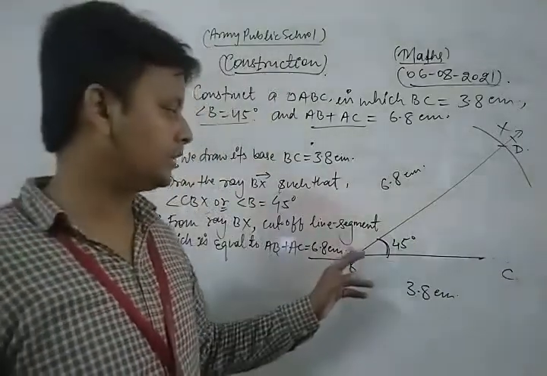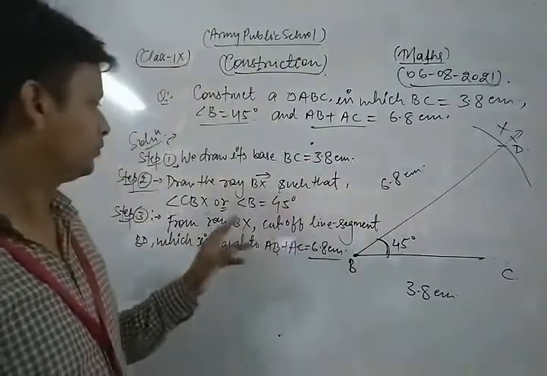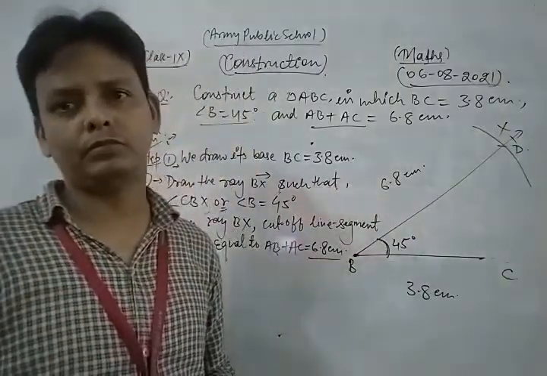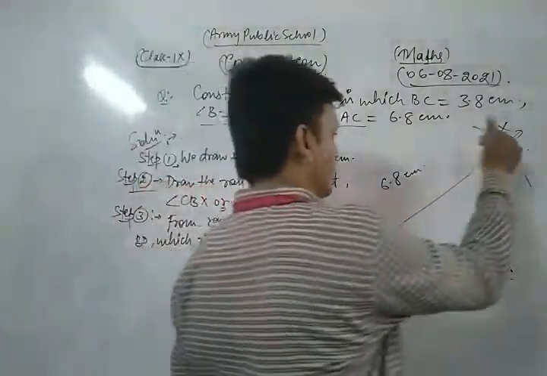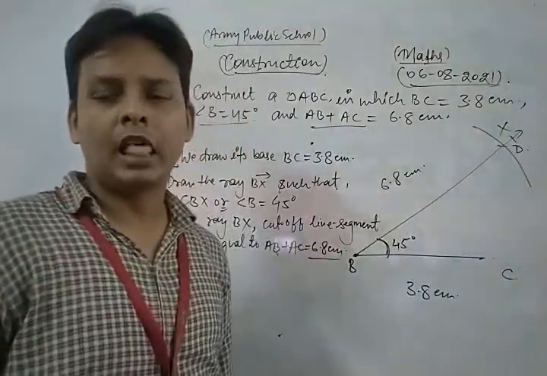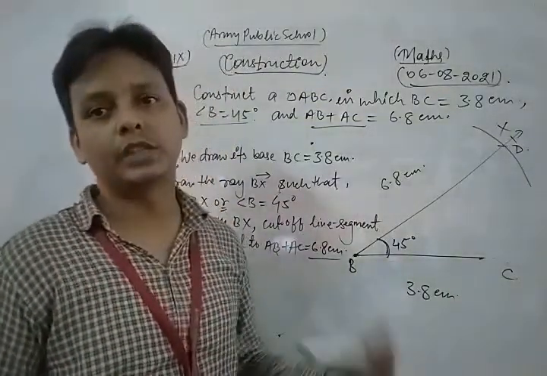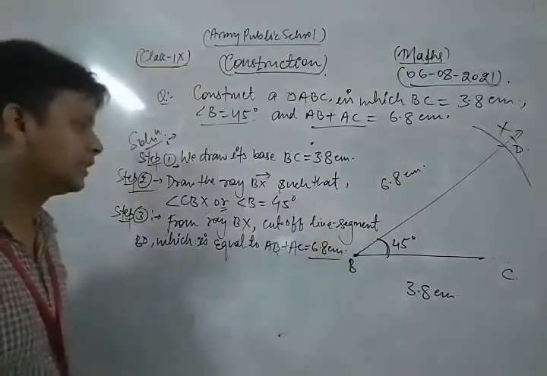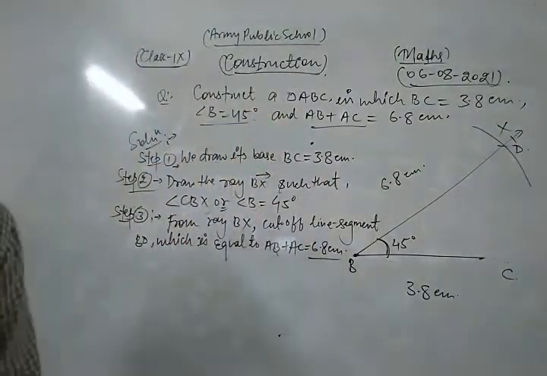After that, taking B as center, draw a ray BX such that angle CBX, which is angle B, is 45 degree, with the help of a protractor. Now from ray BX, cut off line segment BD, which is equal to the sum of the other two sides given in our question, 6.8 centimeter.